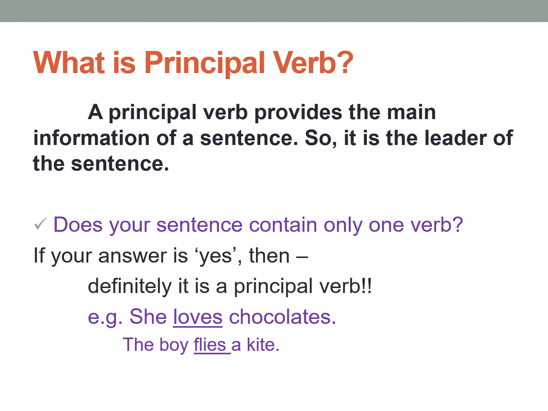Do you remember that in the last class I told you we cannot make a sentence without a finite verb, and if your sentence contains only one verb, that means it is a finite verb and it is definitely a principal verb.